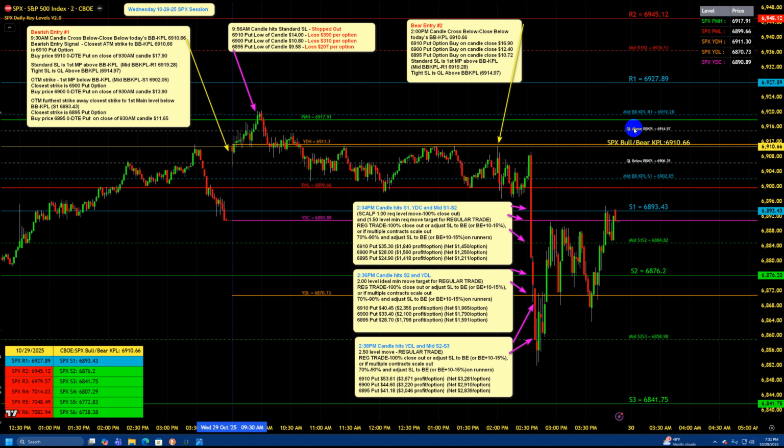Now, if the trade starts going in your favor and you're doing a regular trade, not a scalp, so there are two different types of trades you could do, a scalp or a regular trade. A regular trade has a certain target that once it's met or exceeded, then you have the option, if you don't want to close out all your options, to adjust your stop loss to break even or break even plus a profit buffer.